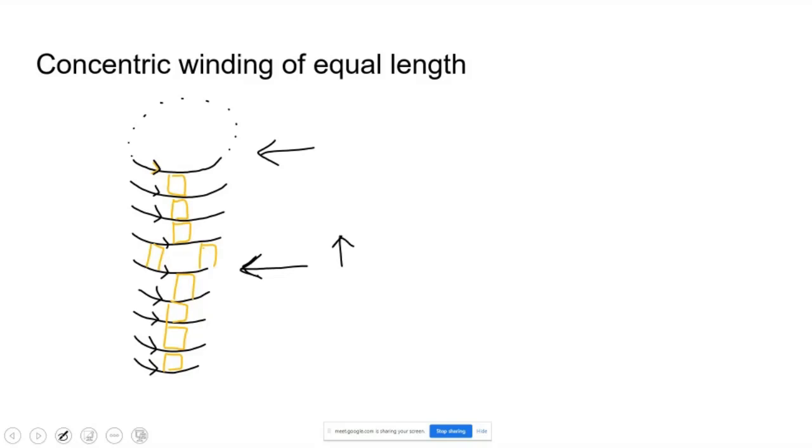Am I correct or not? Yes, sir. And what about this bottom turn? What will it do to this middle turn? It will pull it down.